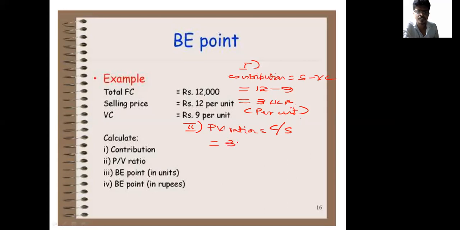Here contribution is 3, sales 12. That means the answer is 0.25.